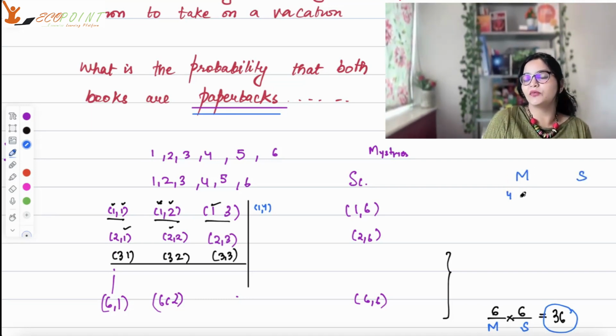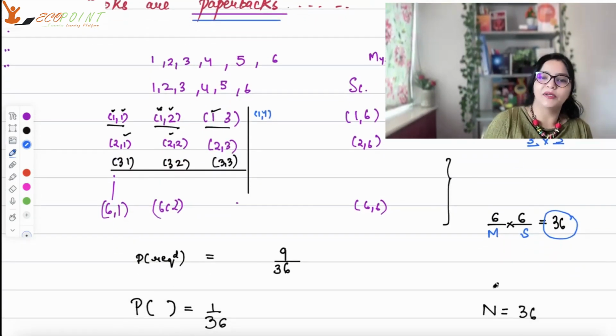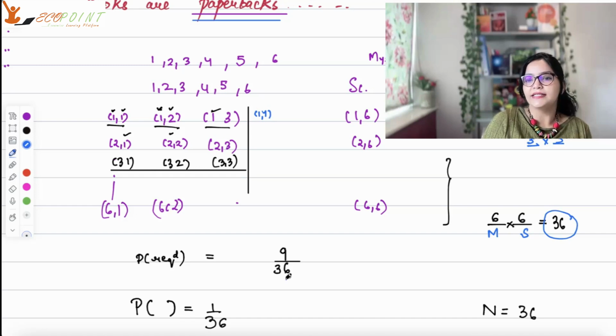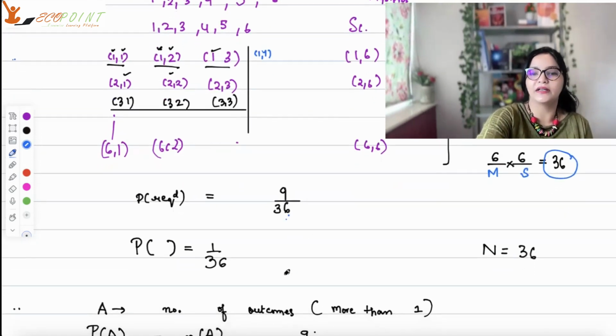So how many possibilities are there? There are three possibilities for mysteries and three possibilities for science. So therefore, nine total possibilities are there. So 9 out of 36.